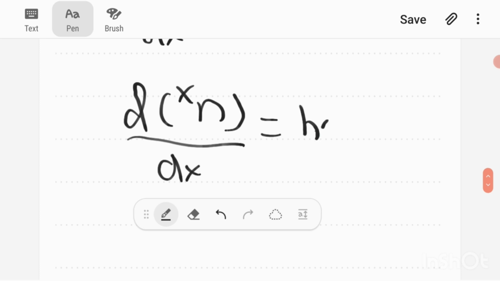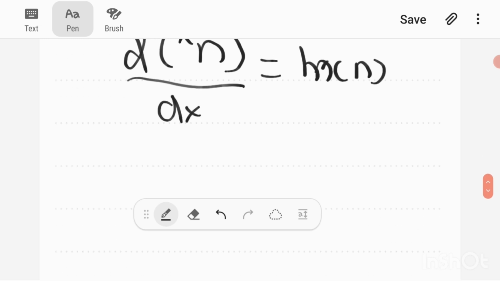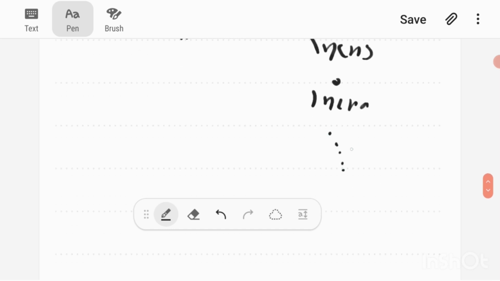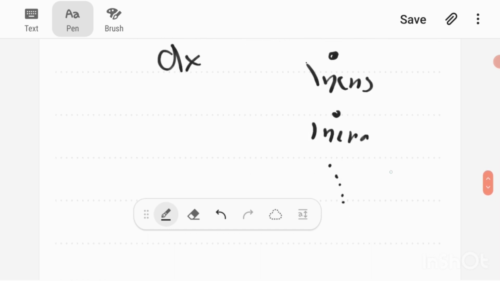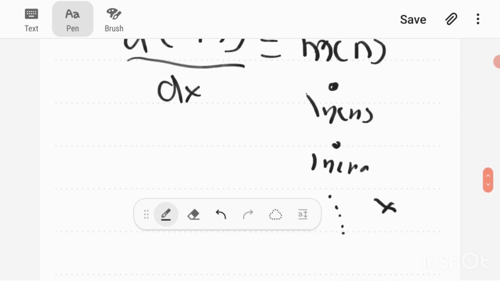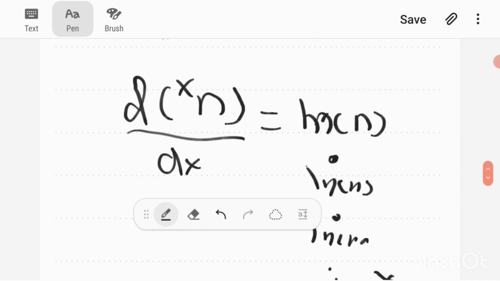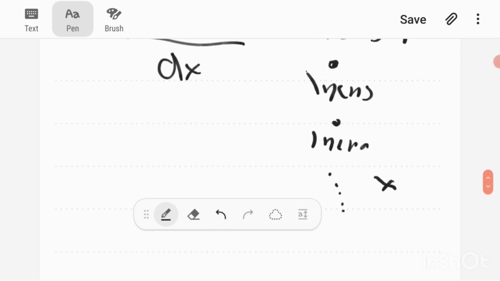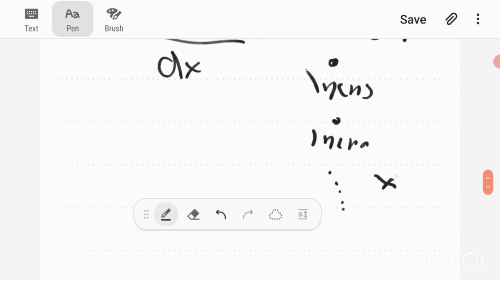We have ln of n at first, and then it's multiplied by d of n of x minus 1, so there's another ln of n, and it keeps getting multiplied for x minus 2, x minus 3, until we reach x amounts of ln of n's, and then there is nothing unless we collapse the whole product. There is no more. It goes from 1 to x number of ln's that we multiply itself to.